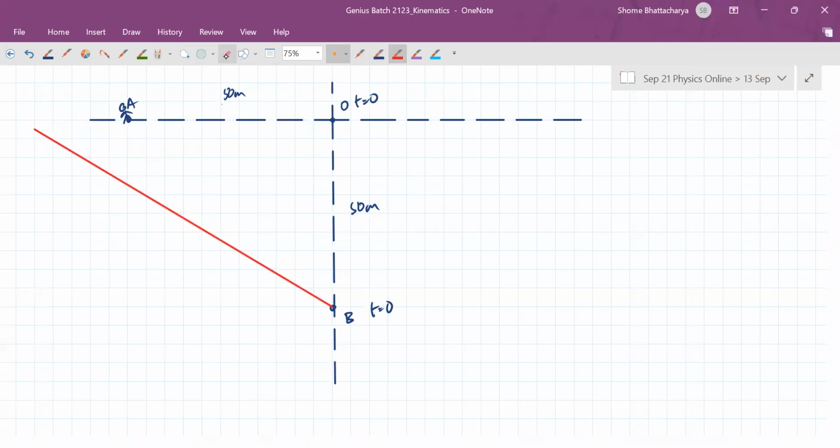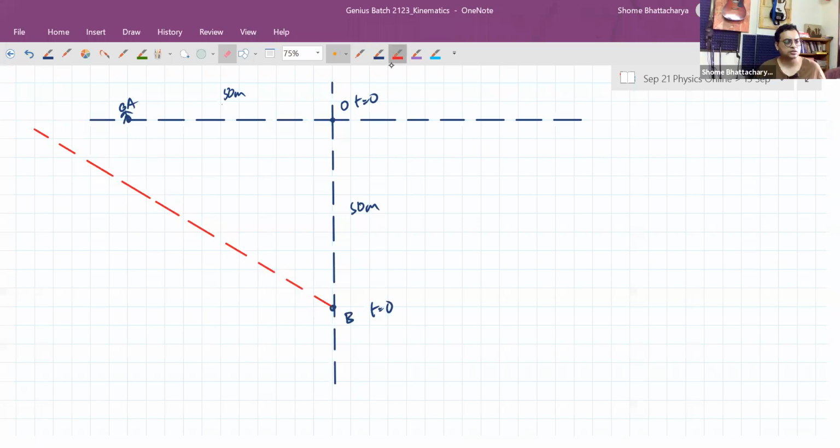So B is moving along this line with respect to A, and this line is along this vector VBA, okay, which is 20 meters per second in magnitude, but this angle is 37 degrees.